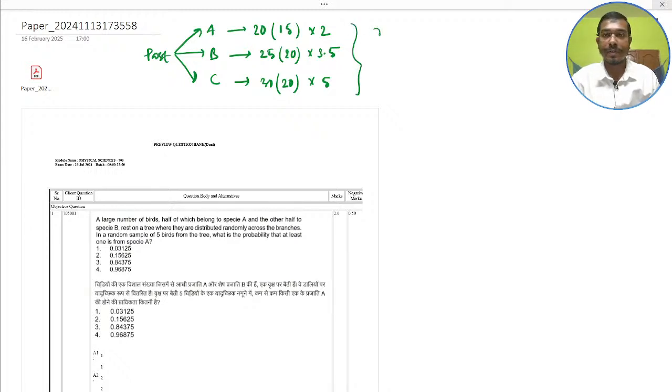So total 75 questions, you have to do 55, and the total weightage is 200 marks, 3 hours.